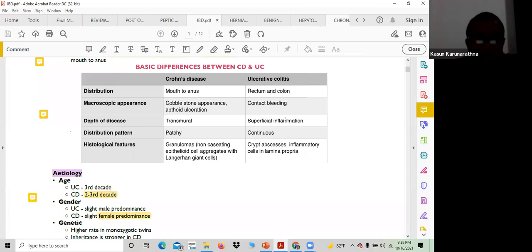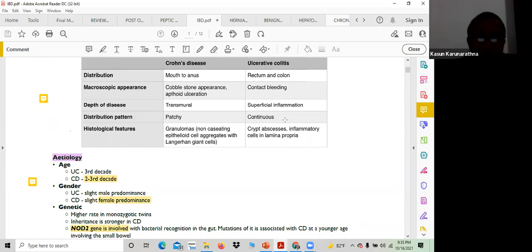And depth of the disease: Crohn's involves entire thickness of the gut wall, but in ulcerative colitis, it's only superficial inflammation of the mucosa, right? And in ulcerative colitis, it usually arises in the rectum and ascends, and there's a continuous involvement. In Crohn's, it's a patchy involvement, right?